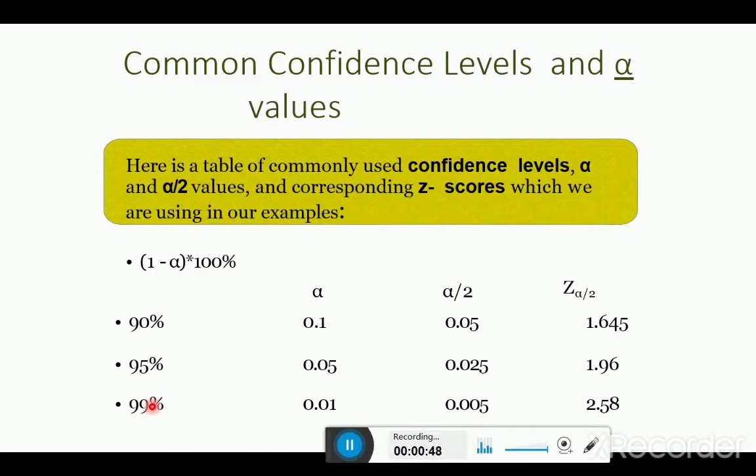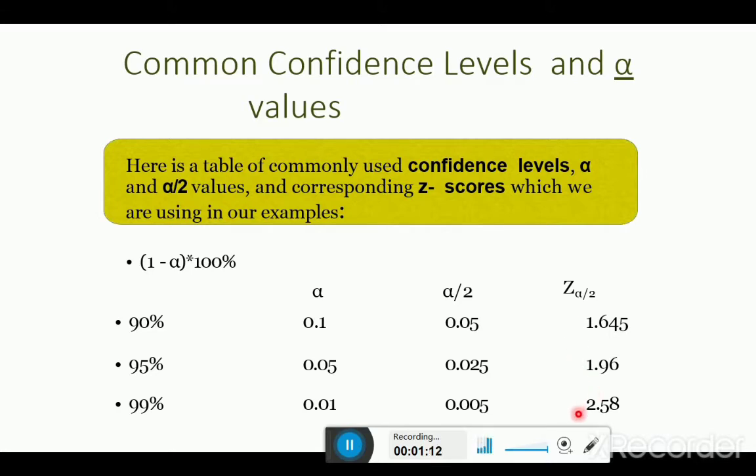For now in confidence intervals, you will use the z alpha by 2 values like 1.645, 1.96 and 2.58. Later, when I start hypothesis testing, I will explain how to find these values from the normal table.